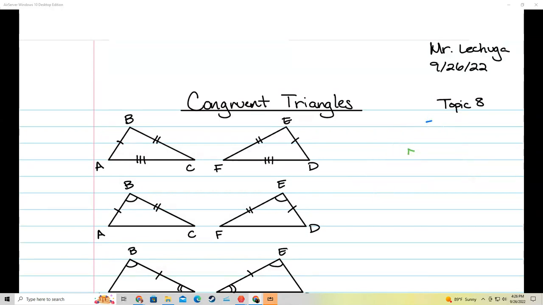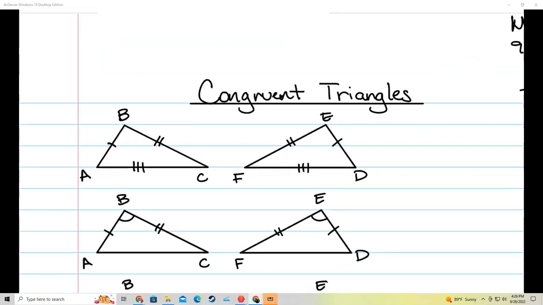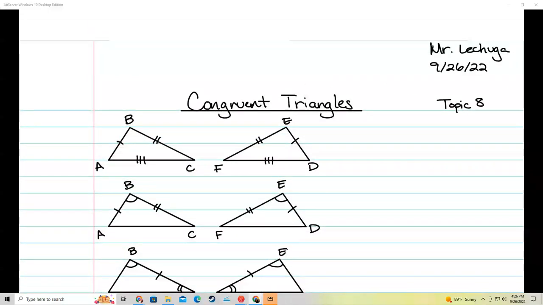Let me go ahead and start going into these congruencies. So very important that we keep track of how stuff is written. So what do I mean by that? Let's go ahead and try to match up these sides. You see this point A right here? Because this is on the side that has a tick mark and a triple tick mark, the other side that matches it would be over here at D, because it also has a single and triple tick mark.